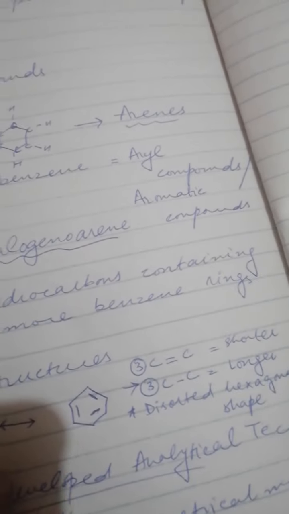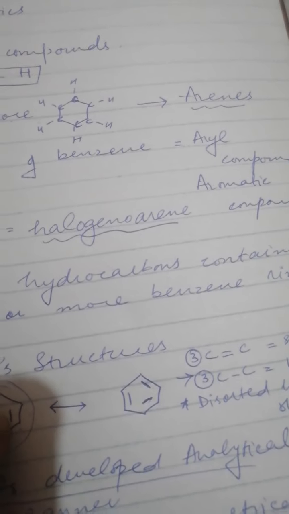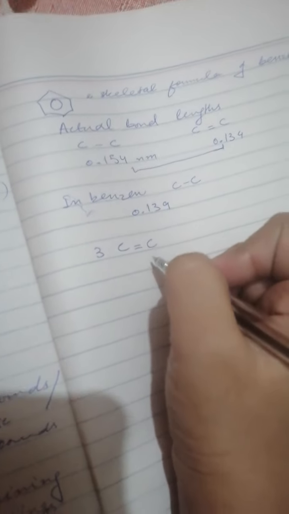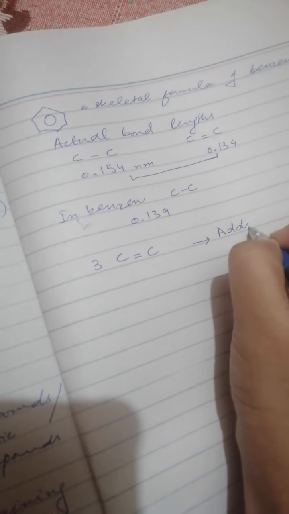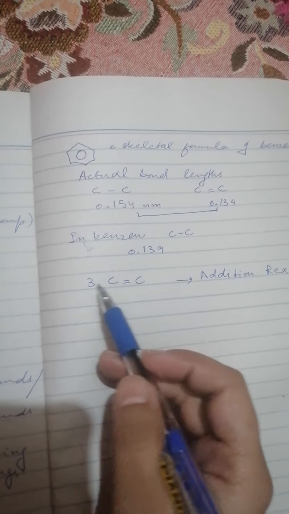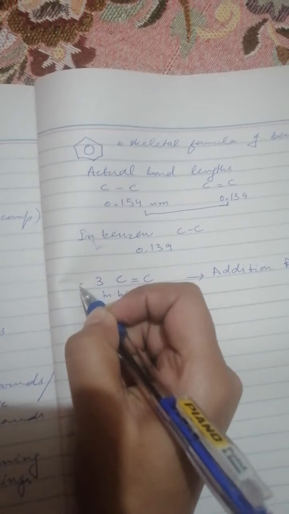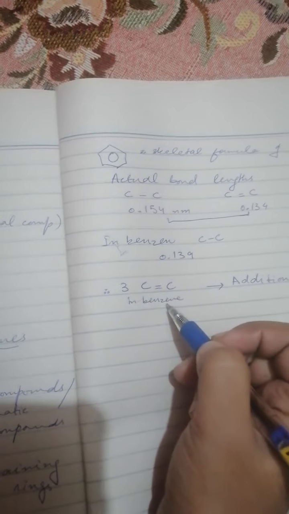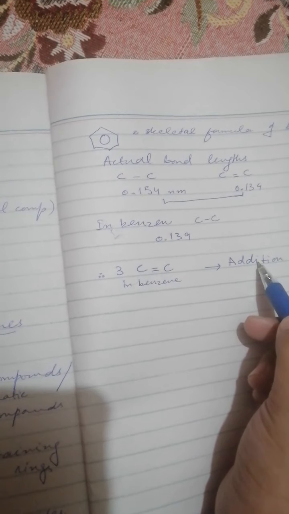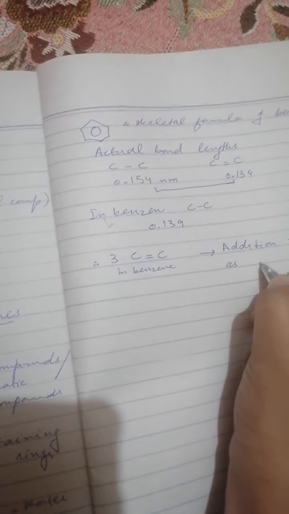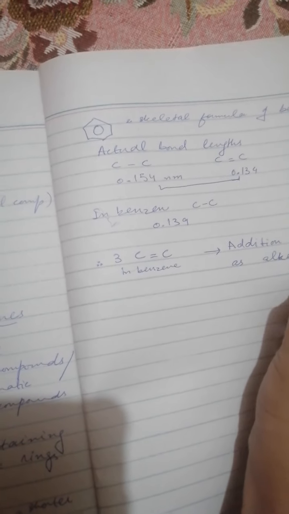If there were three C=C double bonds in benzene, then it would undergo addition reactions in the same way as alkenes. However, this is not the case.